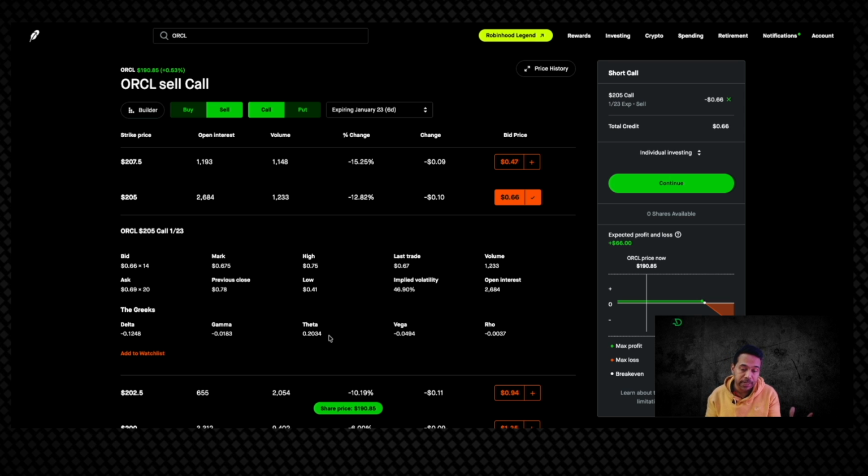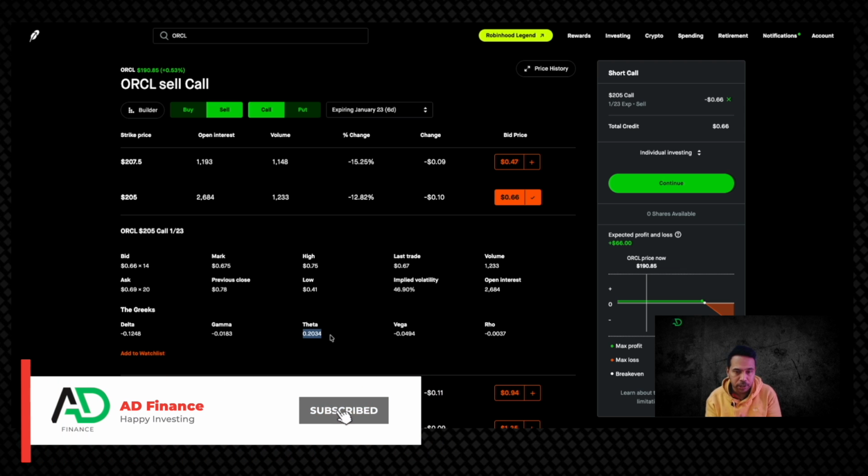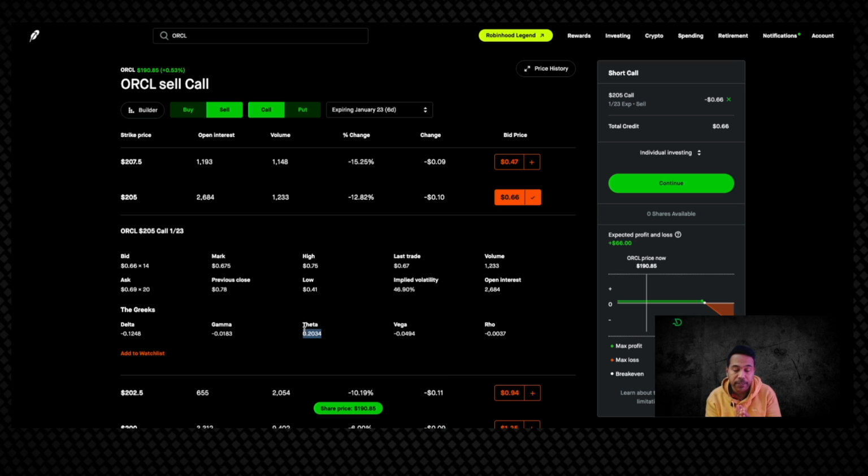On the opposite side, a buyer of this is going to lose this. So as an option seller, every day you hold this position, if the stock doesn't do anything and just sticks at $200, you're going to get this $20 just by holding the position. That's why this is called theta decay. Every day you hold, you gain $20, and those are the two main Greeks that matter.